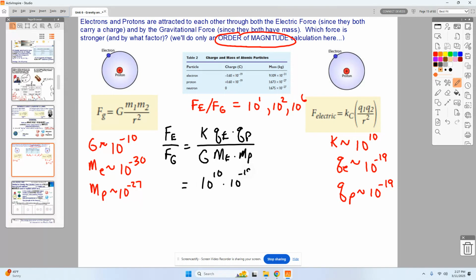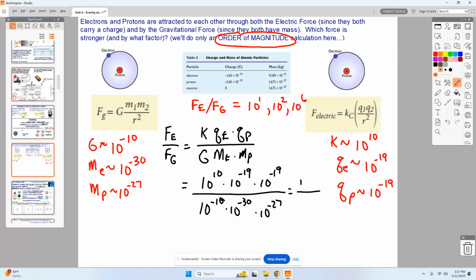The electron, 10 to the negative 19. The proton, 10 to the negative 19. Don't need a calculator for that. The denominator, G, 10 to the negative 10. The electron, 10 to the negative 30. The proton, 10 to the negative 27.